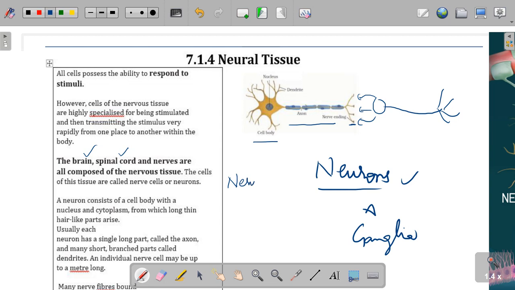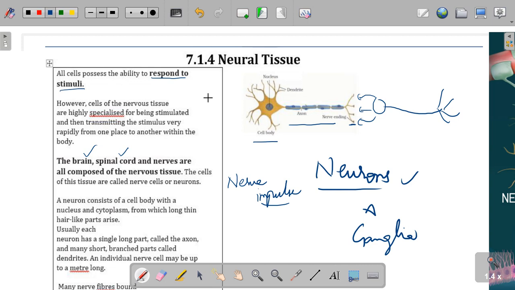Okay, the way the switchboard is connected with the fan or a tube light, the wiring system, these neurons are also connected, carrying the message to and from central nervous system. Okay, and the main function of nervous system or neural tissue is to respond to stimuli.